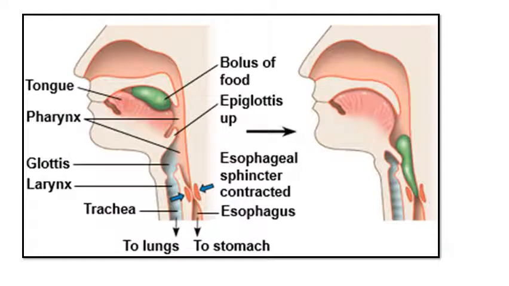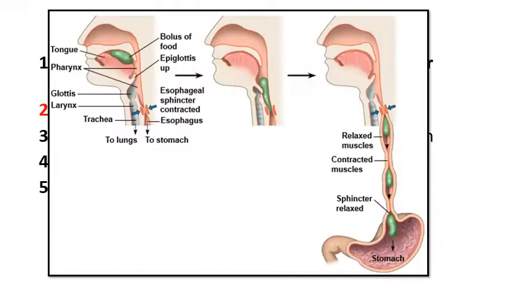All right, so we swallow the food, the epiglottis slams shut so that the food can go by without entering the trachea. And of course, the esophageal sphincter has to open in order to let it go by, and then it usually closes again once the food has gone past. And then the food travels down into the stomach using peristalsis.